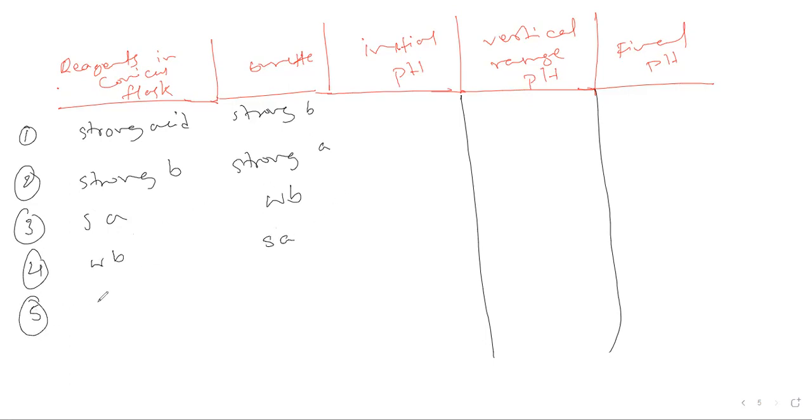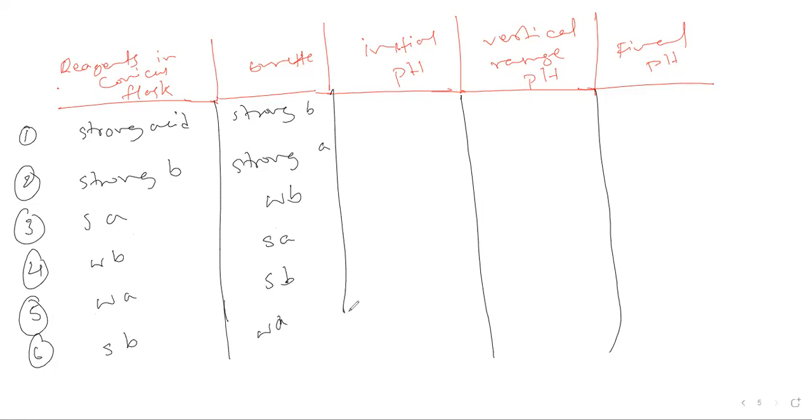And the fifth one is weak acid with strong base, and strong base with weak acid. So these are the types, in this manner they can be arranged.